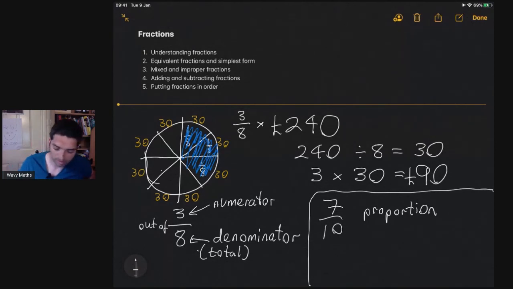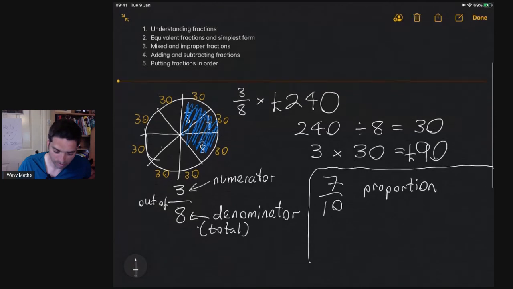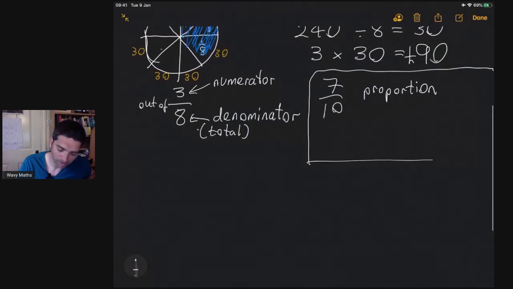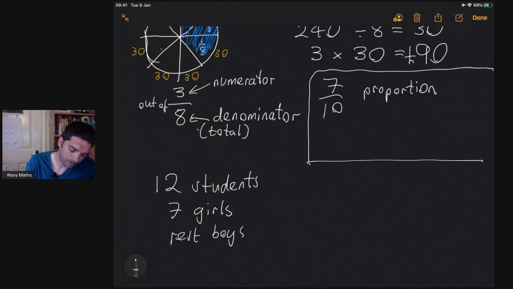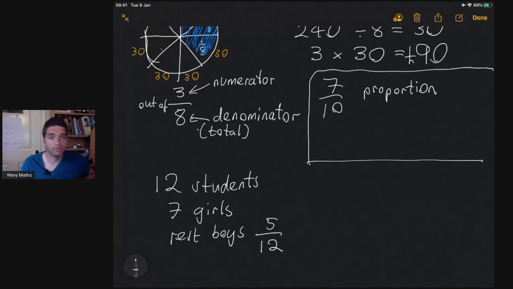So that brings me to another point I want to make, which is, well, I'm going to make it with a different example. So if there are 12 students in the class and 7 of them are girls and the rest are boys, how would we write that as a fraction? The boys as a fraction, we would write it 5 out of the total 12, wouldn't we?